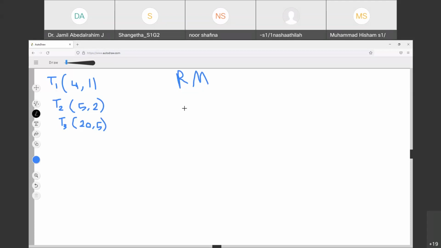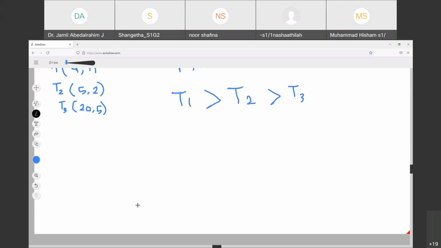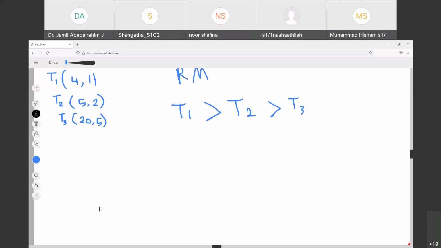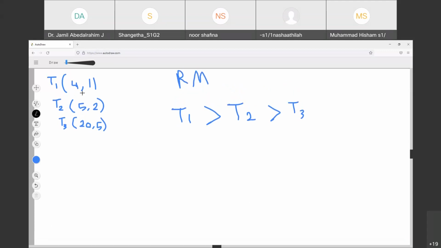So here the highest priority is task 1, then task 2, then task 3. Now we start to draw our timing diagram. The hyper period, you already know how to find it. It will be 20. So we draw our timing diagram from 0 until 20.